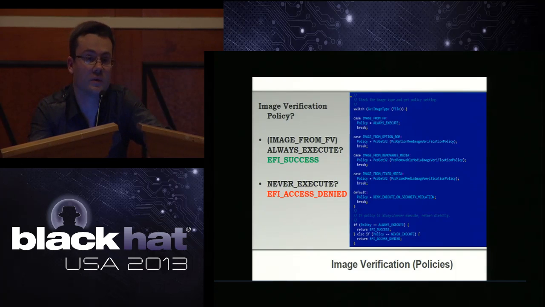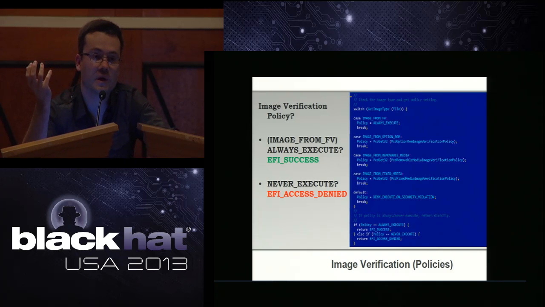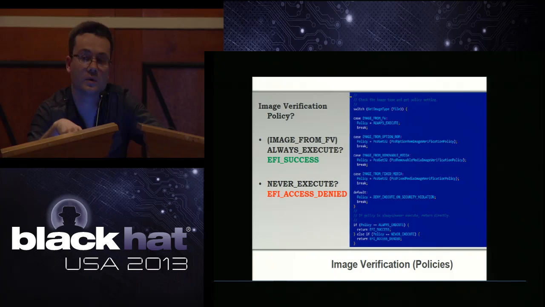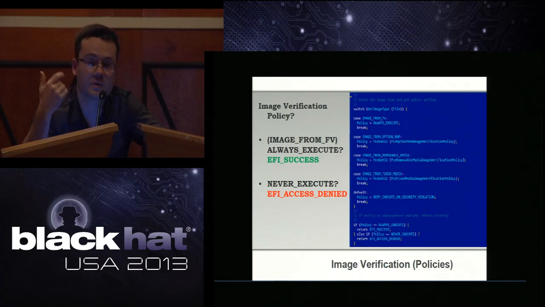First, the flow that validates all the loaded images is registered as a callback. So every time any UEFI-based image is loaded, this code is invoked. It first checks policies.